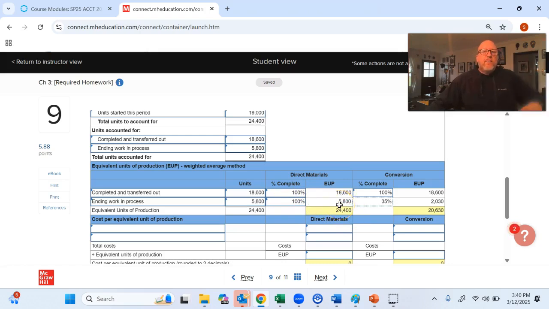We're adding everything at the beginning of the period, and then we're evenly working on converting the material into something that's ready to be transferred out. And at least with respect to this bucket, we've only made it 35% of the way there.